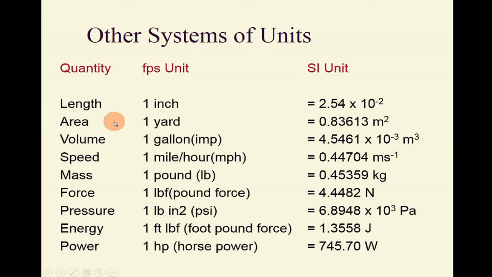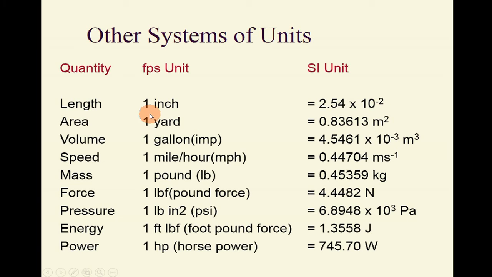As far as the length is concerned, in FPS unit we use the inch. 1 inch of FPS unit is equal to 2.54 into 10 to the power minus 2 SI unit.